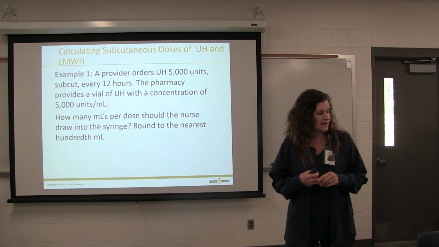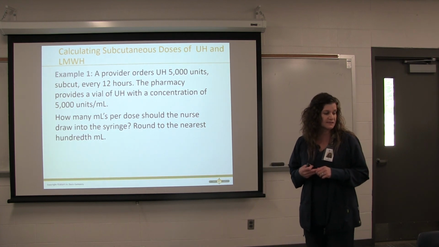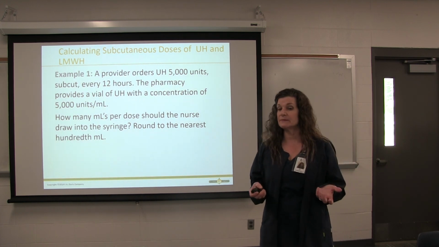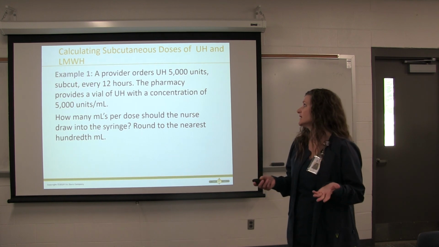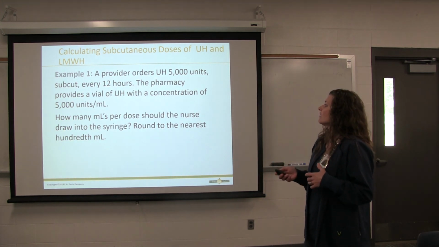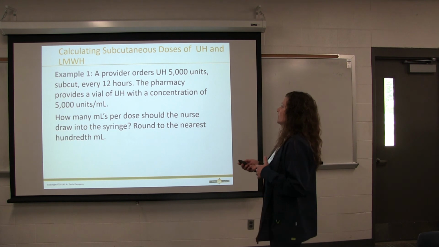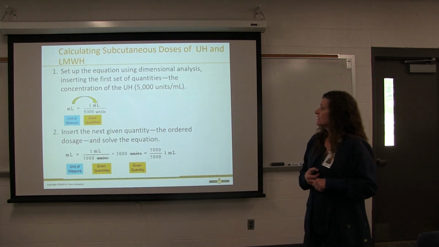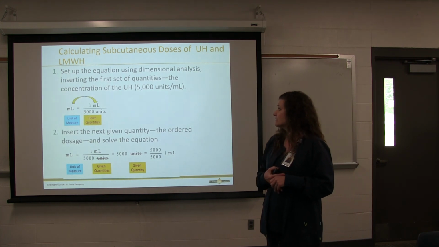Let's look at an example here. A doctor prescribes 5,000 units, sub-Q Q12. Pharmacy provides a vial with a concentration of 5,000 units per milliliter. This one's going to be a little bit easy, right? So what are we looking at having to give here? Well, we need to know the milliliters. So we're going to take our milliliter units, which was given 1 milliliter per 5,000 units.